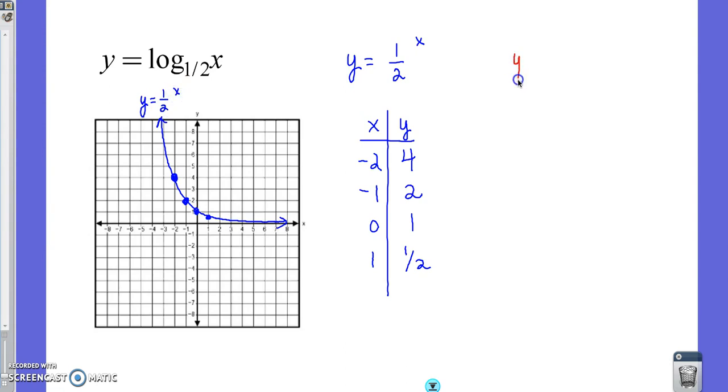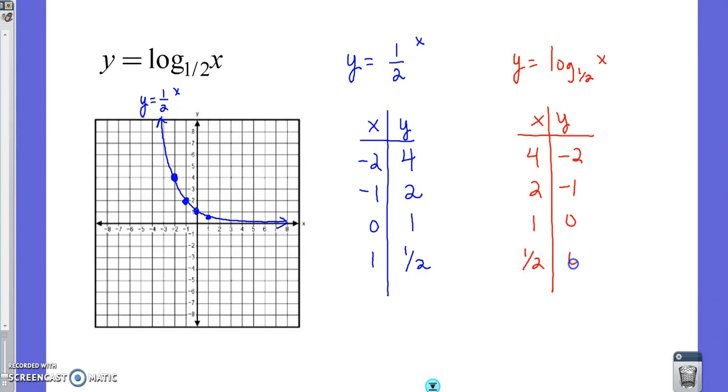If I want to graph the function of y equals log base 1/2 of x, I'm going to take the t-chart that I just made and I'm going to simply flip-flop those points. In an inverse, the domain and the range switch. So I graph the point for 4, -2; 2, -1; 1, 0; and this should be 1/2, 1.